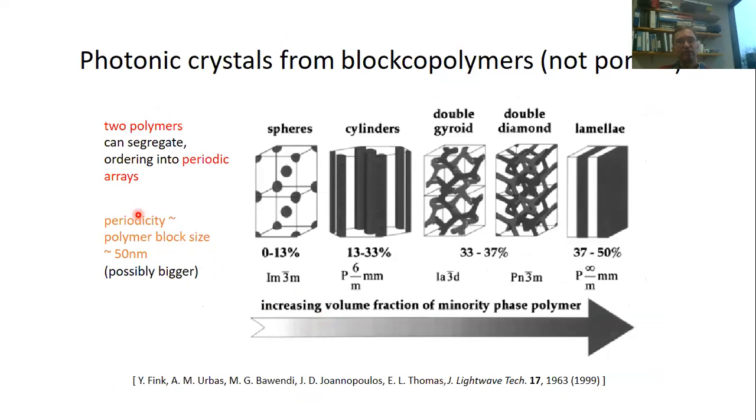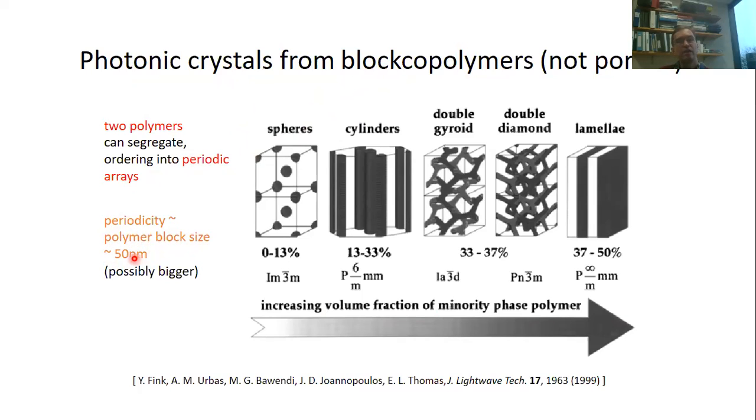So, for instance, you can also make photonic crystals from block copolymers. In this case, the block copolymers have block sizes which are 50 nanometers or larger.